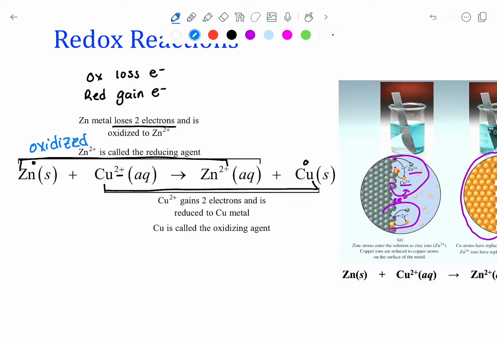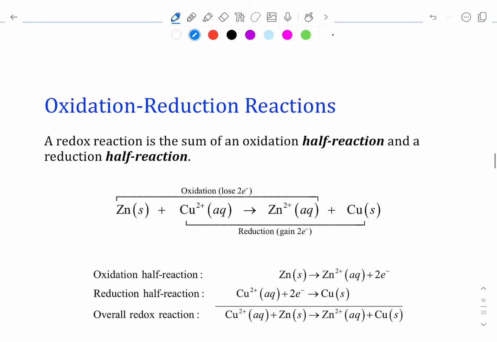And since copper accepted those electrons, it gained additional electrons, it is being reduced. So oxidation and reduction reactions, again, are the exchange of electrons between our 2 reactants, and oxidation is the loss of electrons, and reduction is the gain of electrons.